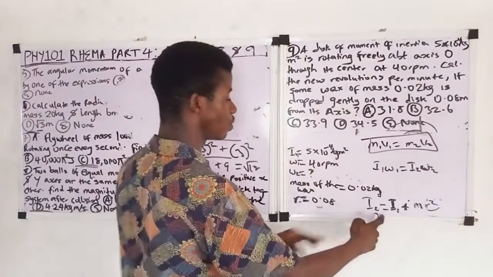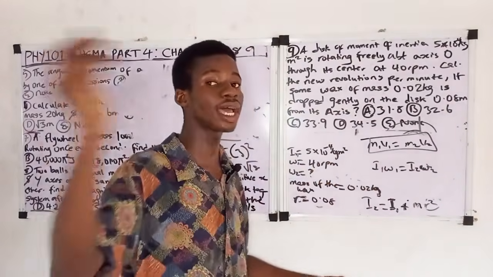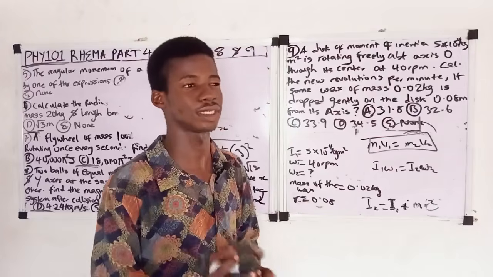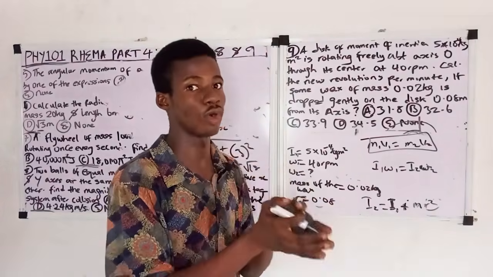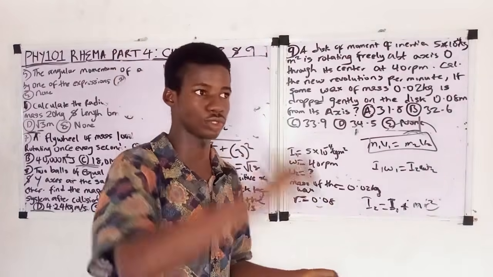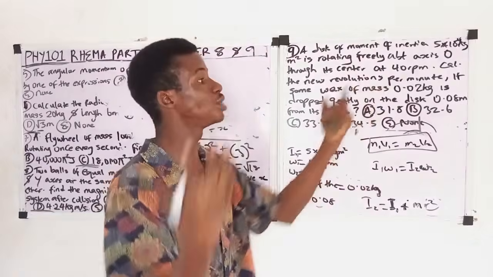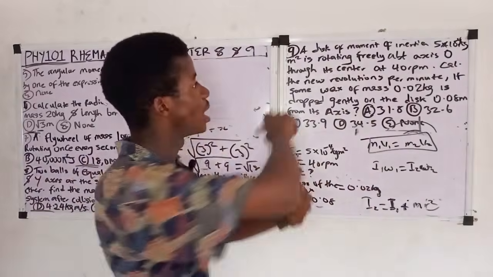So I2 will be what? Initially, the moment of inertia of the disk was this. But after wax was dropped, the mass of the wax added to the moment of inertia of the disk. Because it was dropped, the moment of inertia will increase, which will even try to slow down the rotation.